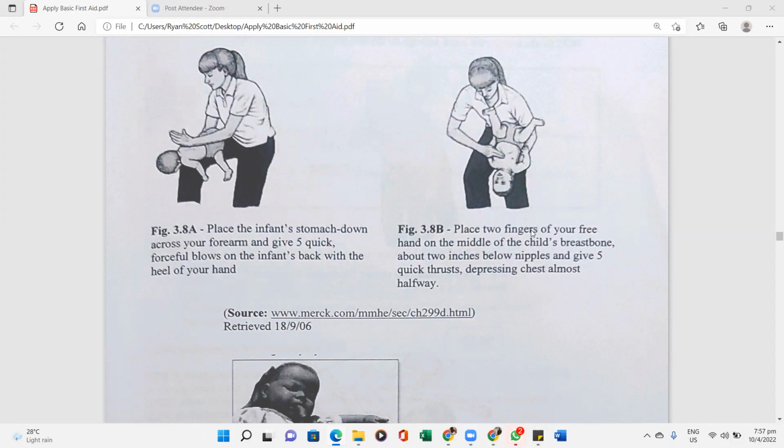And this time now, she puts 2 fingers right below the nipple line, all right? So there's a line from one nipple to the next. Right below the nipple line, she gave 5 quick thrusts, and that would depress the chest, okay? All right.